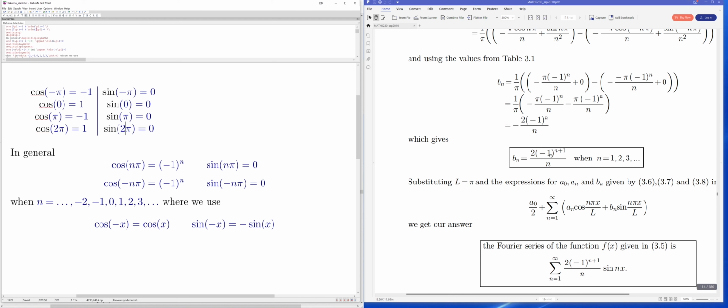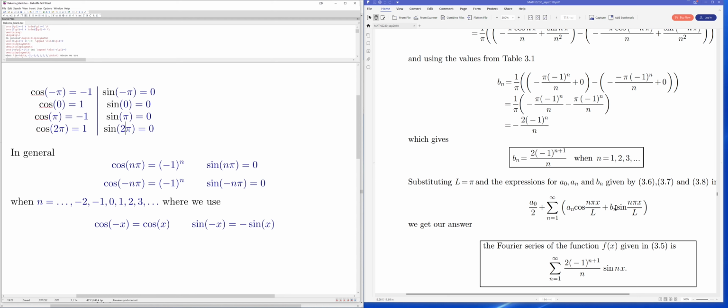Now, for my Fourier series, this is the form of the Fourier series. Remember that L is going to be equal to pi. I figured out that the a's are all 0, so a0 is equal to 0 and an is equal to 0. So I'm not going to have this constant term and I'm not going to have cosine terms.